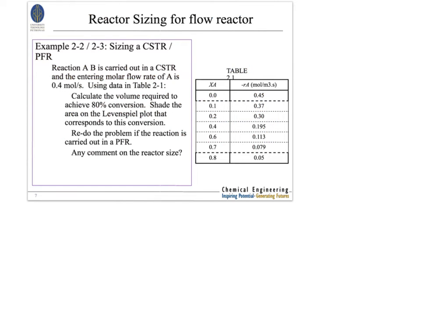Okay, let's look at examples 2.2 and 2.3, sizing a CSTR and PFR. The question given to you: the reaction of A producing B is carried out in a CSTR, and the entering molar flow rate given to you, FA naught, equals 0.4 mole per second.